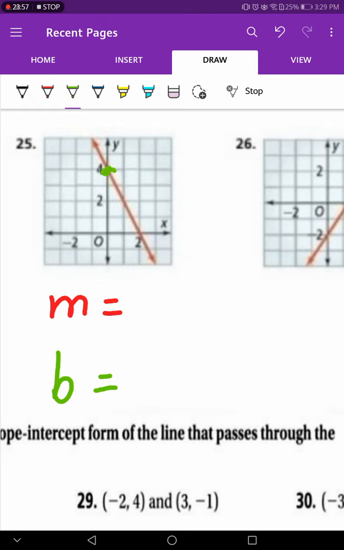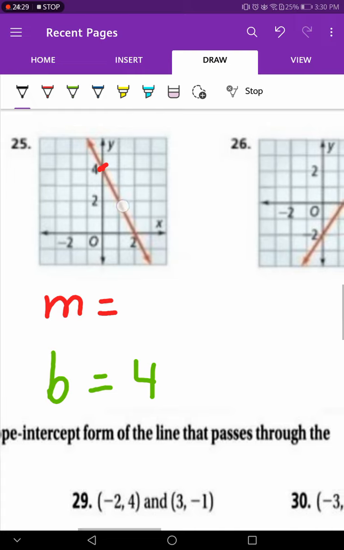And this point is 1, 2, 3, 4. Now, what is the m? I select the first point, this point, and the second one I take the nice one, which is here. This is a nice point.